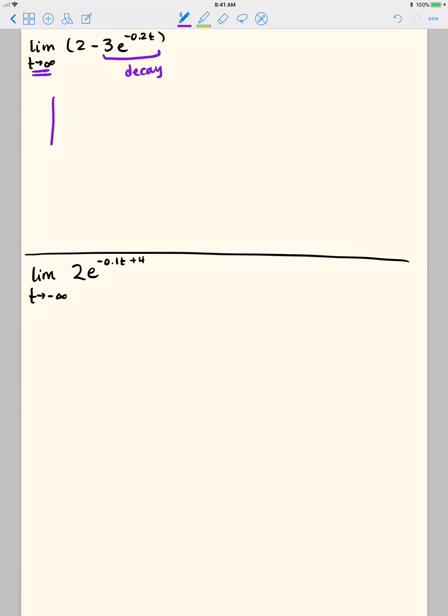And if we graph this one based on the way it's written, the negative 3, even though it's a decay function, the negative reflects it and makes it look like a growth.